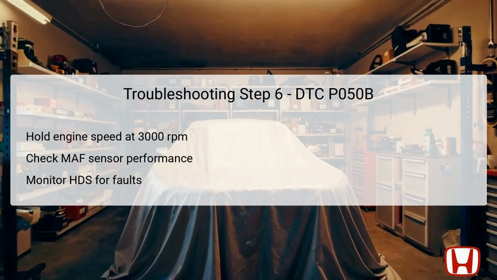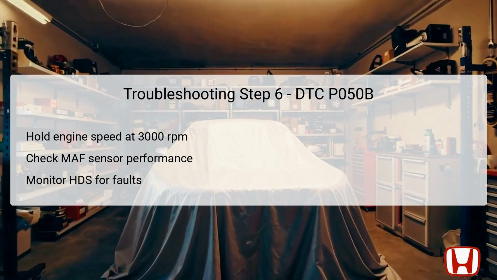In the sixth troubleshooting step, you'll need to engage the vehicle into drive mode and hold the engine speed at 3,000 RPM without any load. This step is essential for testing the MAF sensor performance accurately. As you hold the engine speed, activate the radiator fan and let the engine idle afterwards.